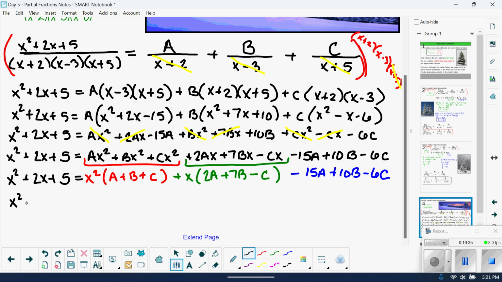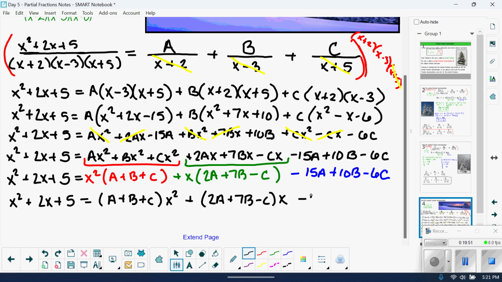Let's try that one more time. So you can see all I did was move the variable to the end of the parentheses.